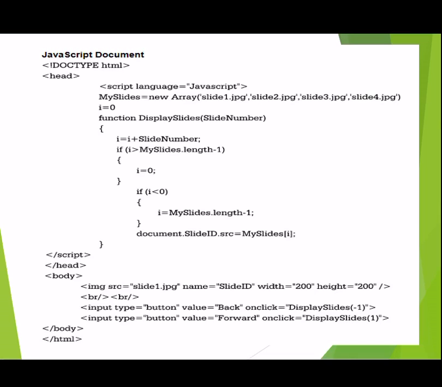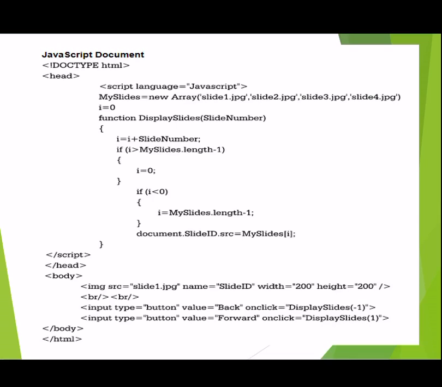If i is greater than myslides.length minus 1, that is, if i reaches 3, length of the slides is how much? 4. So 4 minus 1 is 3, that is, if the slide number reaches the last slide, which is at index 3, then again set the value of i to 0, that is from the starting, the 0th slide.